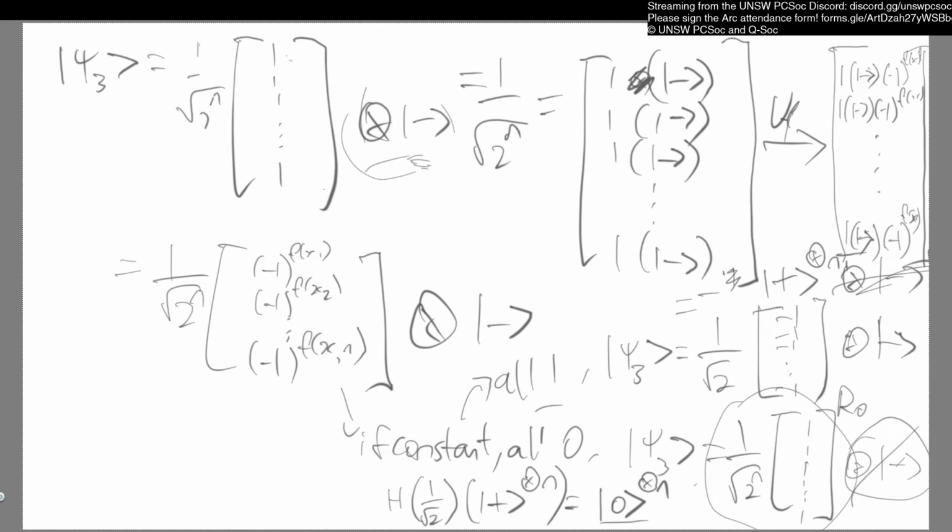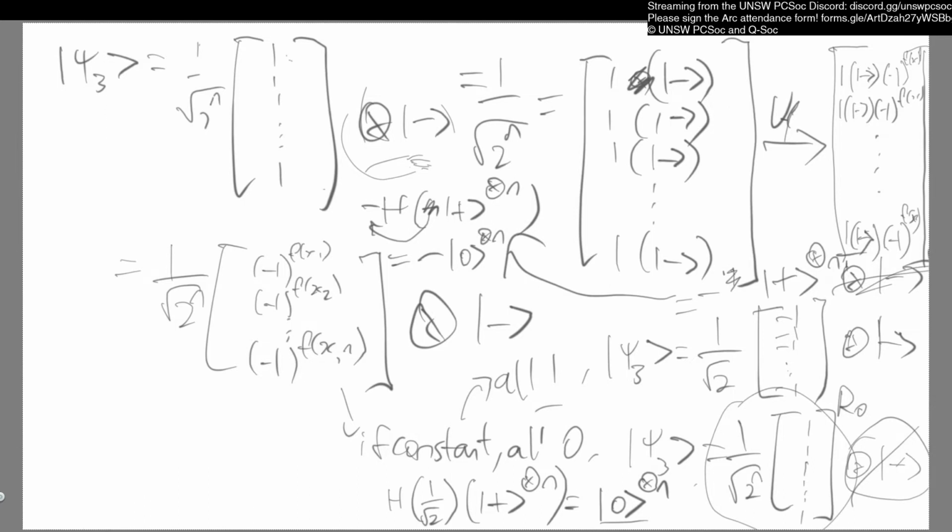So when we Hadamard a minus plus state, n of them, we can just put this minus out here, right? And so that's equal to minus 0 n. And when we observe, remember, we're taking the norm and the square, and the minus just cancels out. So we get all zeros again.